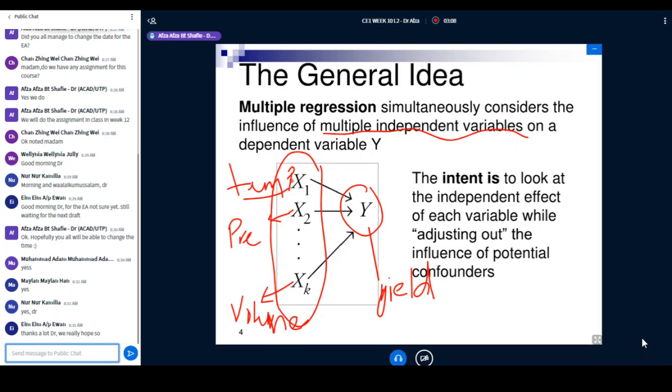Basically we want to see how x1, x2 are independent, meaning they do not depend on each other, and how each of these variables affects the value of y. That's why we say it is multiple, because we consider x1, x2 right up to xk.